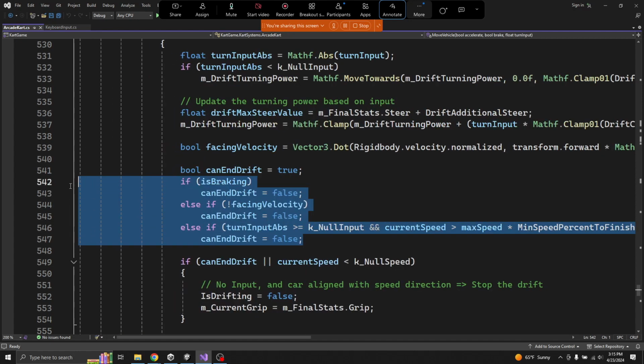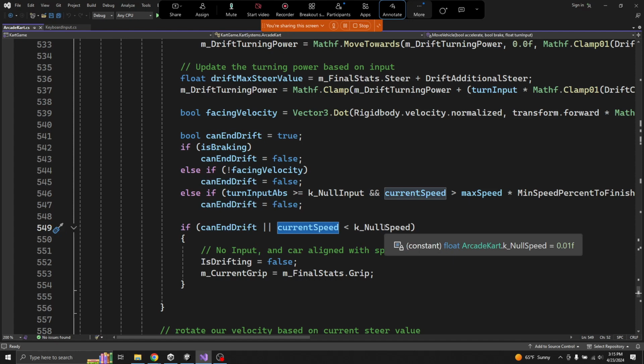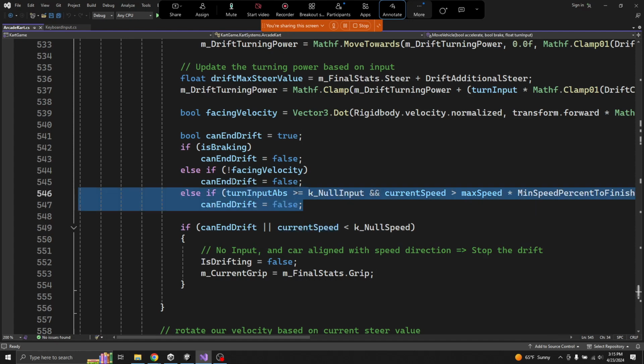We do a bunch of checks here that would determine no, we can't end the drift this frame. And then if we're allowed to end the drift, or our current speed gets less than our killing speed, which happens to be really small, basically if we come to a stop, or we did this evaluation here and we are allowed to end the drift, then we're going to end the drift. So basically, there's no input coming from the user, and the car is aligned with the current speed direction, so we're going to leave our drift.